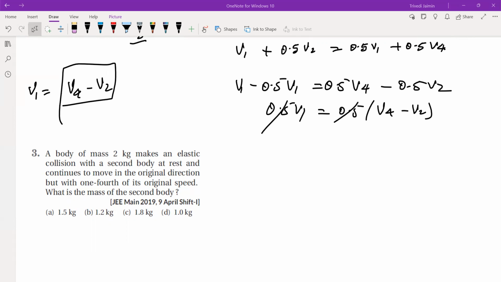Okay, so let me just paste a formula. Here E equals 1. The remaining condition is given in the question. Now try to solve it.